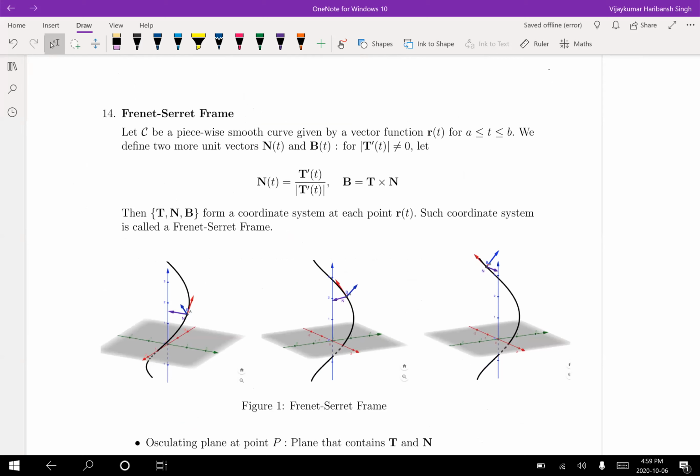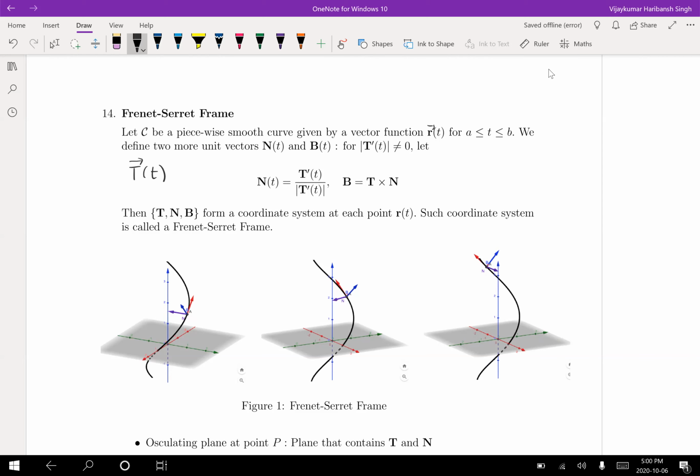Let's see a smooth curve, which is given by r of t, a vector function, where t is between a and b. So we'll define two more unit vectors, normal and binormal. First of all, you have the tangent already, and then you have the unit tangent.